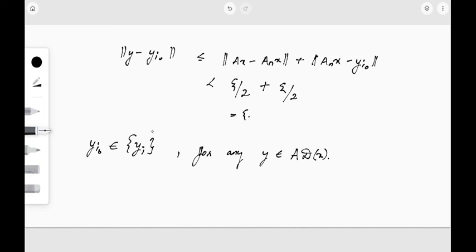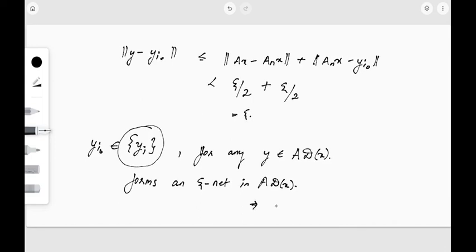So this implies this y_i forms an epsilon net in A of d of x. If we choose an epsilon by 2 net of A_n of d of x, we can say that it forms an epsilon net in A of d of x.